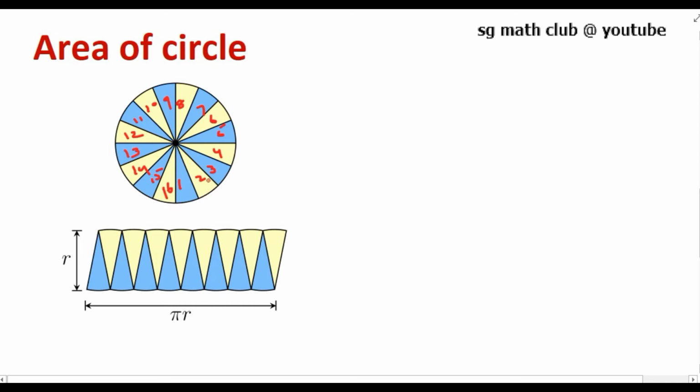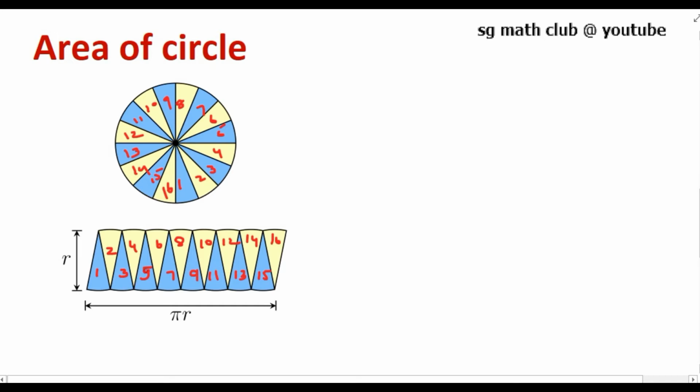Now cut this and arrange in this form: 1, 3, 5, 7, 9, 11, 13, 15, and the white color I'll arrange in this way: 2, 4, 6, 8, 10, 12, 14, 16. So now we have got a rectangular shape. If you cut into still finer parts, exactly a rectangle you will get.